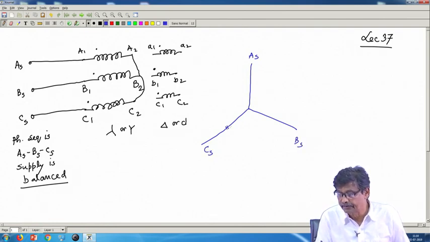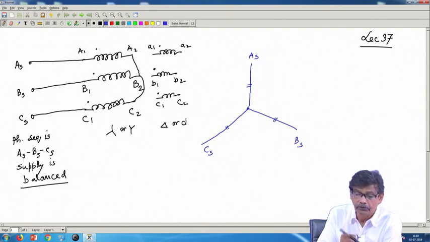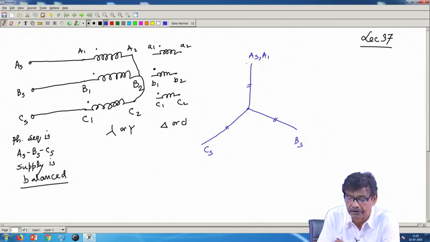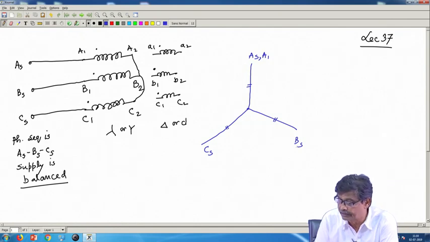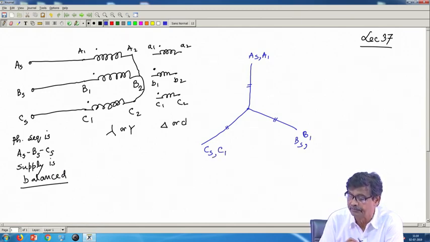All lengths are equal, balanced. Okay. And note that AS is connected to A1, so I will write it as A1 also, at this point. Similarly, BS is connected to B1, so B1, and CS is connected to C1, so C1.